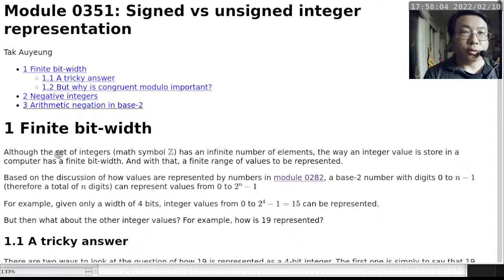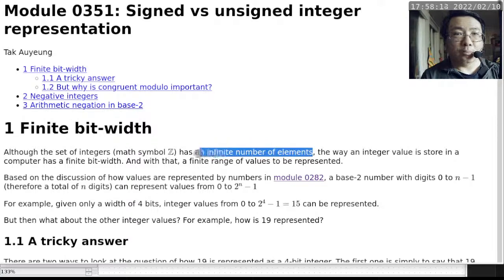Okay, so the set of integers in math, which looks like a funny looking Z, has an infinite number of elements. Let's just pause here. Yes, it has an infinite number of elements, because the moment you say, but Tech, I think this integer is going to be the largest integer of them all, then I'm going to ask, well, what about this plus 1?